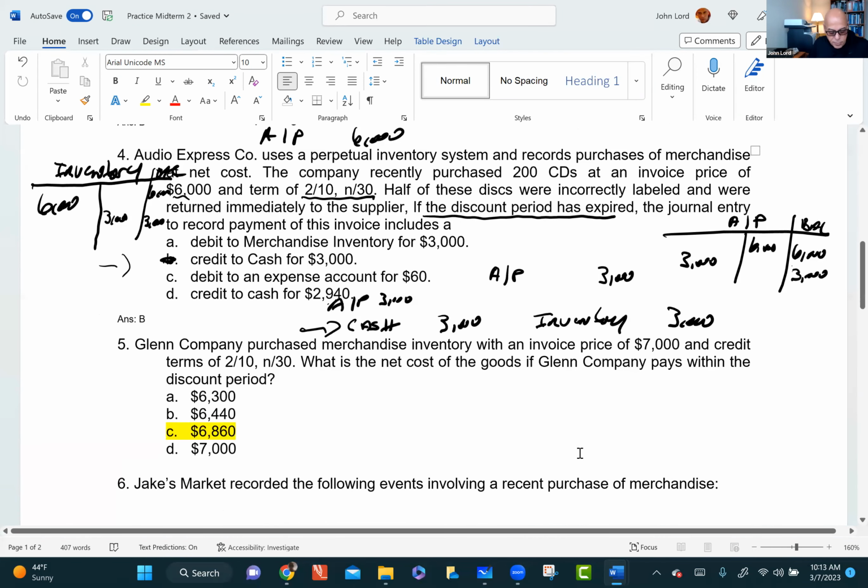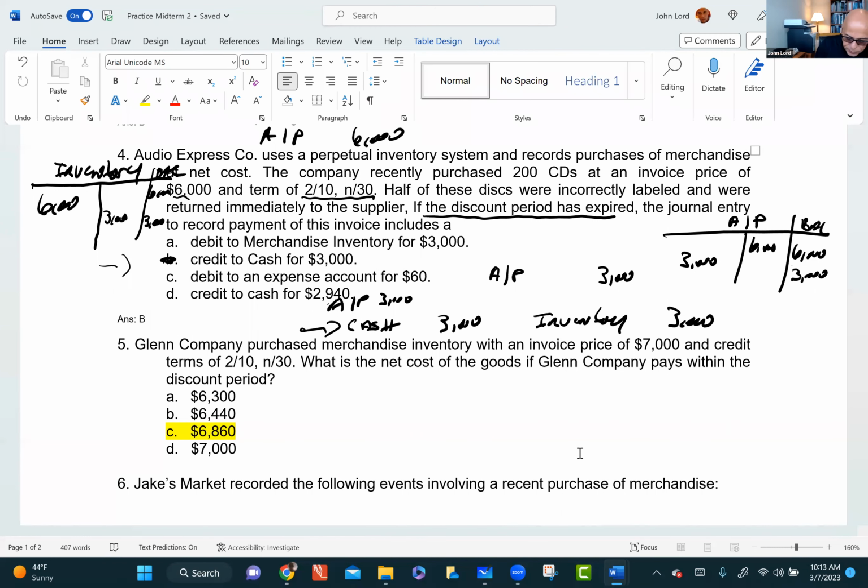Okay, good. Glenn Company purchased merchandise with an invoice price of 7,000. What do I do? If that's the case, I'm going to debit inventory 7,000. I know I have to credit accounts payable because they tell me what? Credit terms. That means I'm purchasing that on credit. So I'm going to credit the accounts payable.